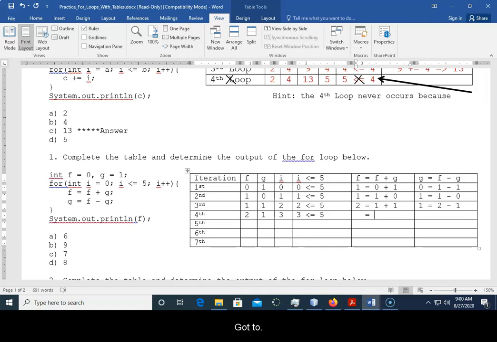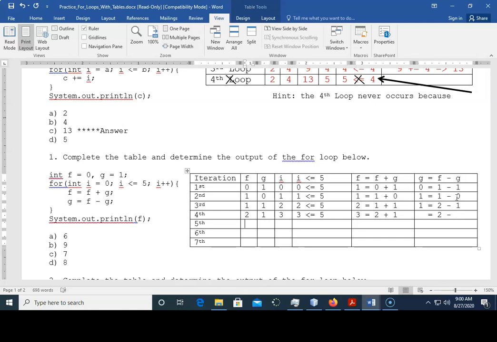So then I've got 2 plus 1. So it becomes 3. And then I have, let's see here, I've got 2 minus, and g is 1. No, I didn't do that right.